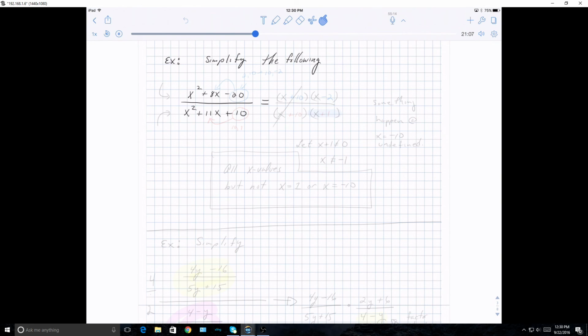All right, so now let's take a look at another example in which we have to factor two polynomials. In fact, they're two trinomials, and these are nice ones because the lead coefficient, or a, is equal to 1. So that means all we have to do is find the factors of 20 that combine to 8 in the numerator, and in the denominator we're going to have to find the factors of 10 that combine to 11.